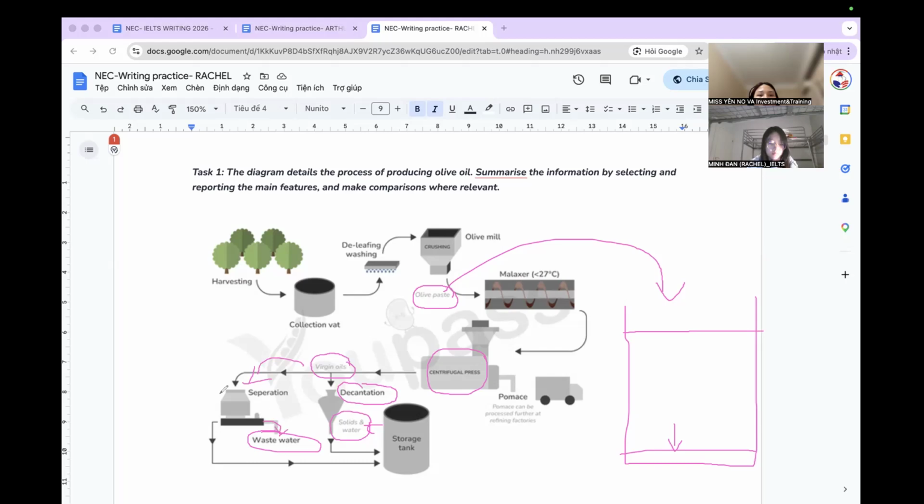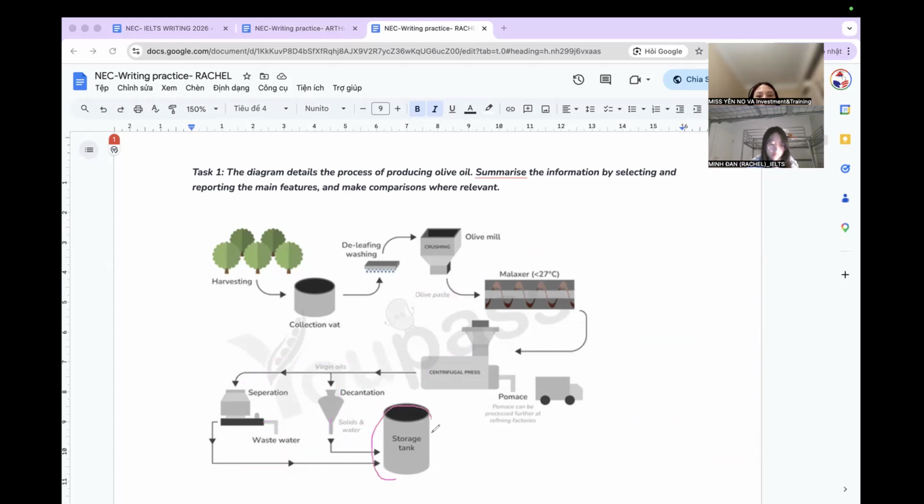And you can have the 100% extra virgin oil, which will travel to the storage tank at the end. At this stage, also the final stage, it will be ready for packaging and distribution.